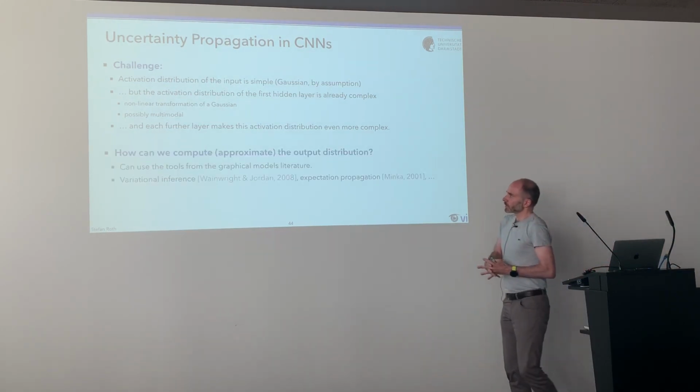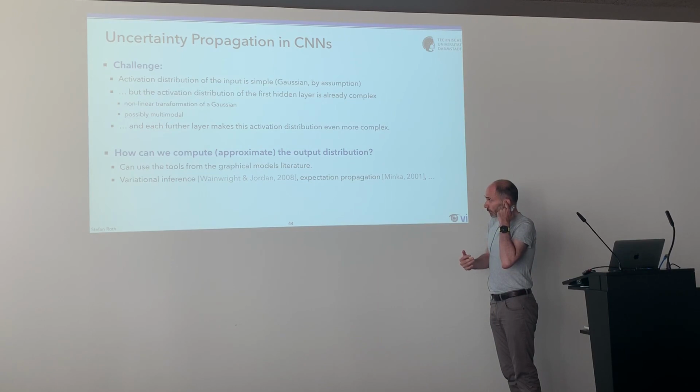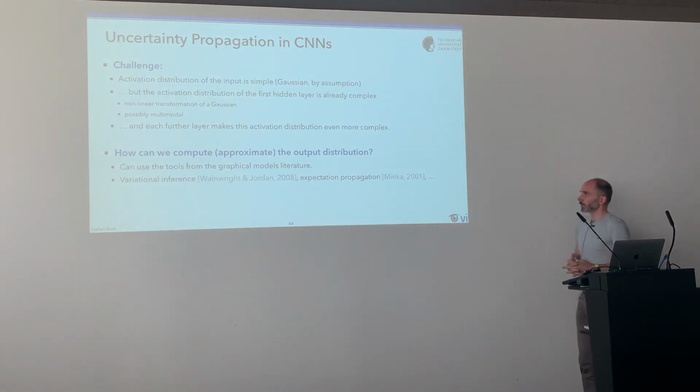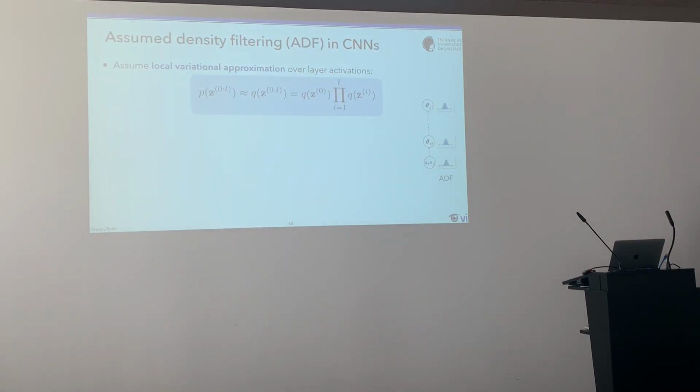So what we suggest is that we can use the tools that we have from the graphical models literature, where variational inference, expectation propagation, and the like are very popular tools for approximating families of complicated distributions. Okay, so what I want to do is what's called assumed density filtering, which is a specific type of variational approximation.